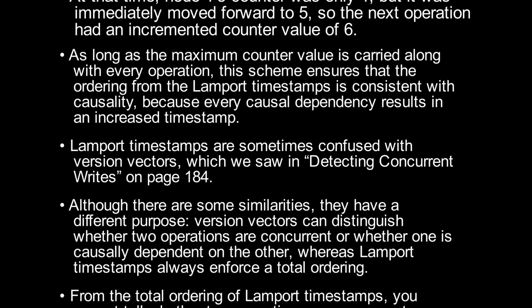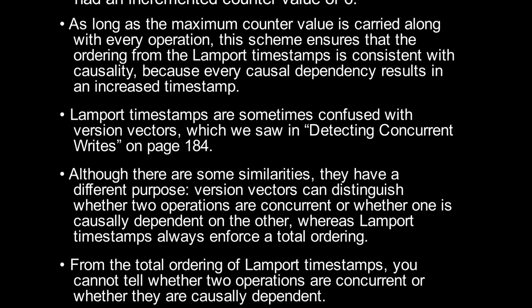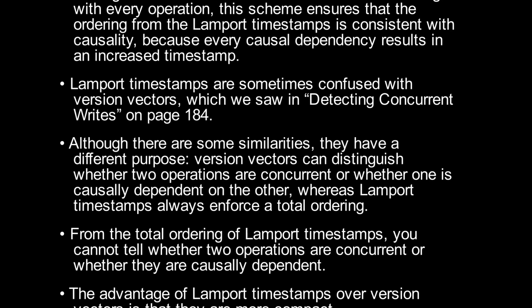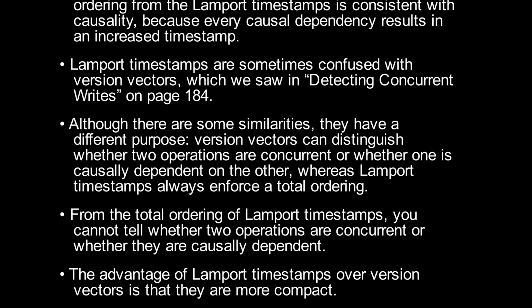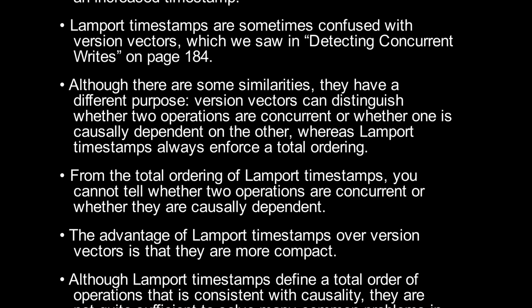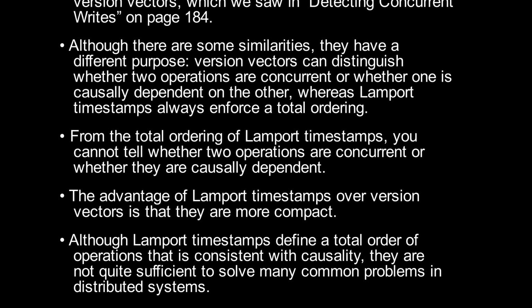Version vectors can distinguish whether two operations are concurrent or whether one is causally dependent on the other, whereas Lamport timestamps always enforce a total ordering. From the total ordering of Lamport timestamps, you cannot tell whether two operations are concurrent or whether they are causally dependent. The advantage of Lamport timestamps over version vectors is that they are more compact.